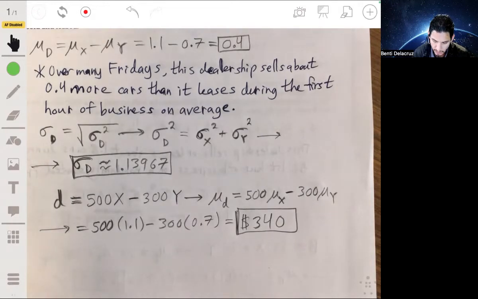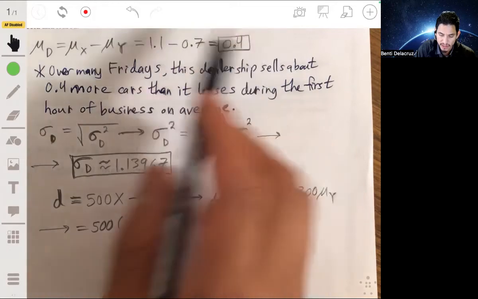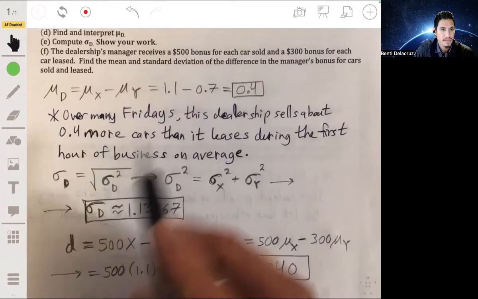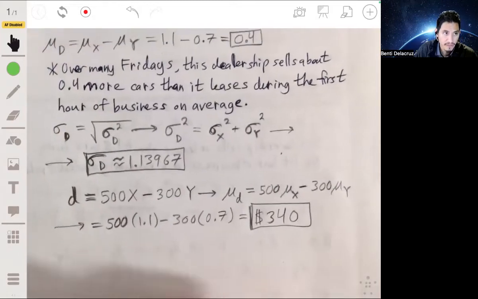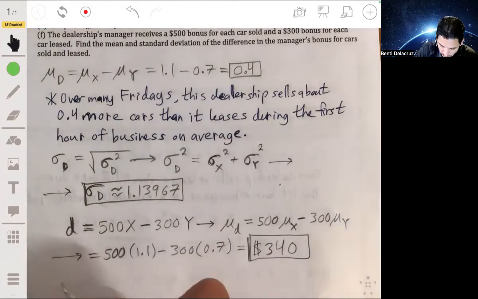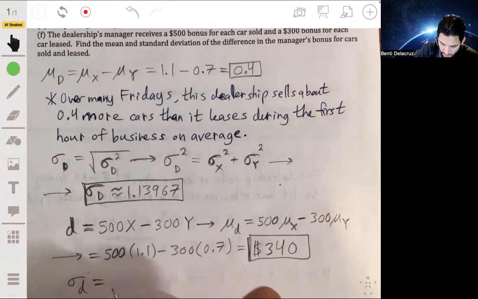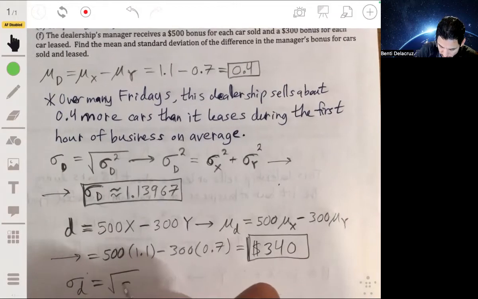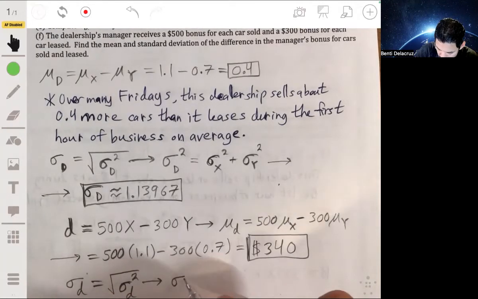All right, now the last part. Find the standard deviation for the difference in the manager's bonus for cars sold and leased. So if you want to find the standard deviation of D, you need to find the variance of D and then take the square root, like we've been doing for the other variances.